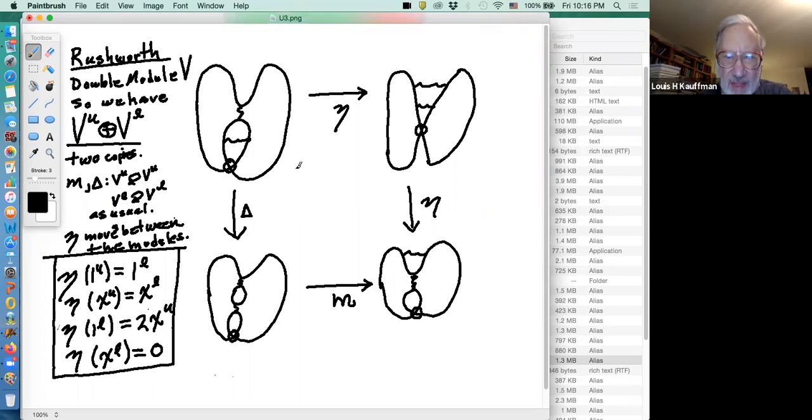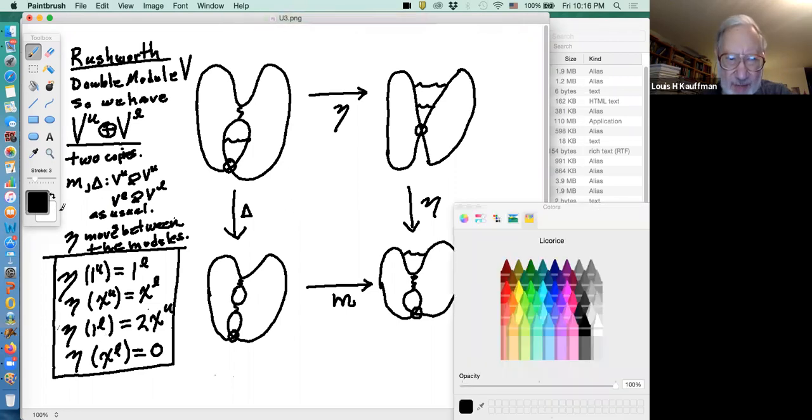Let's take a look. Let me try a different color so it's easy to see what I'm doing. Suppose I start with 1 upper here. Then under eta, it goes to 1 lower over here. And then 1 lower under eta goes to 2x upper. You see? That's what we wanted, right?